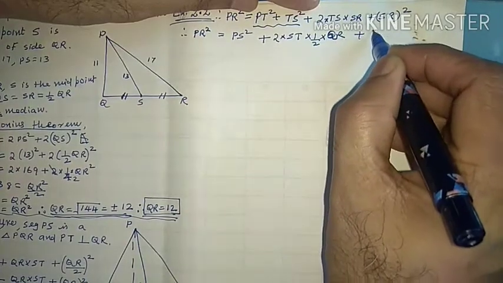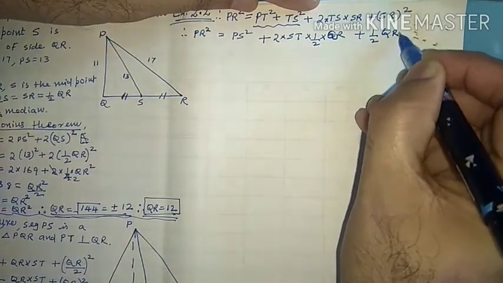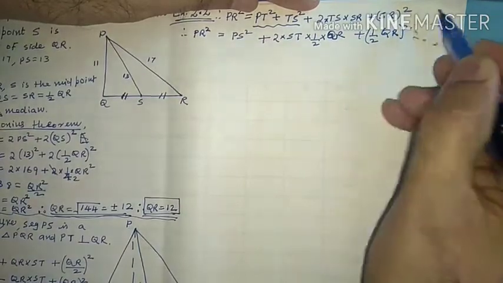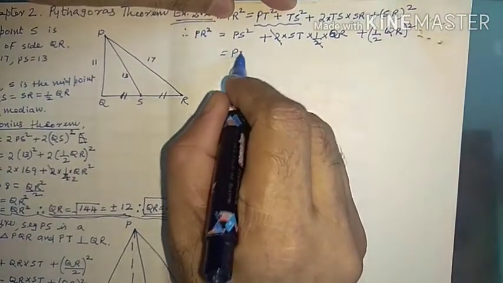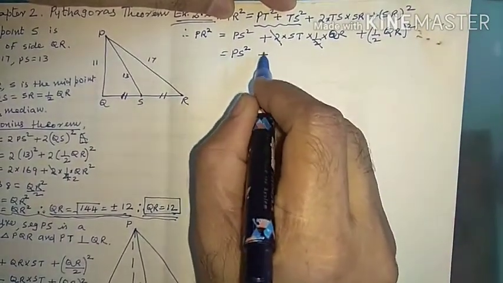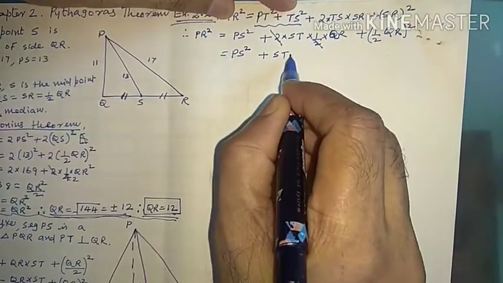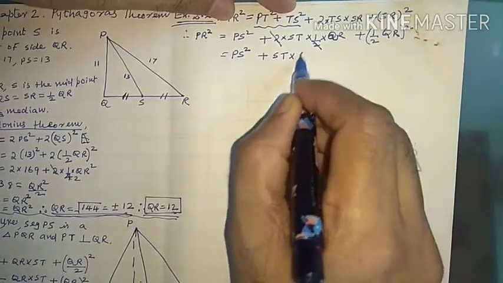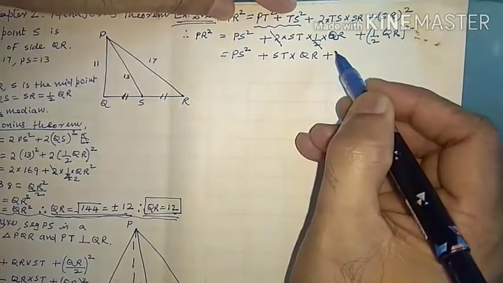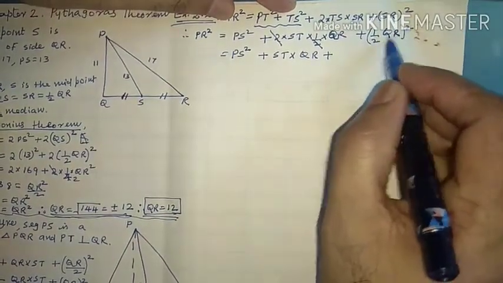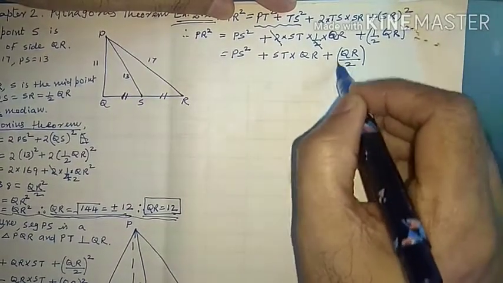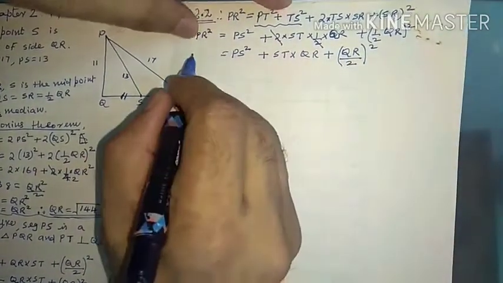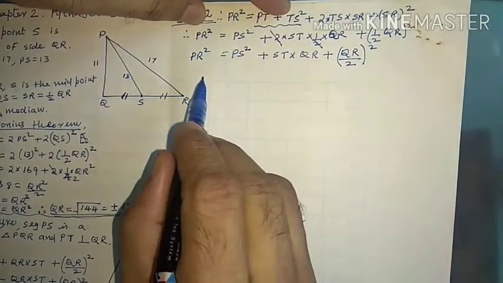SR is half of QR, the whole square. Now see, these two 2's get cancelled. This is PS square plus this ST into QR plus this QR upon 2 the whole square. This is PR square.